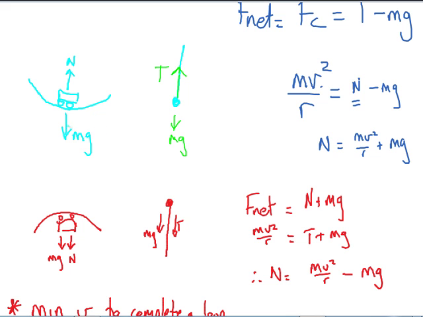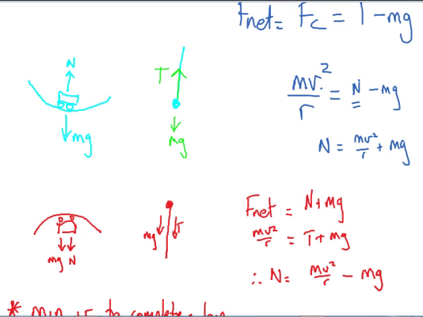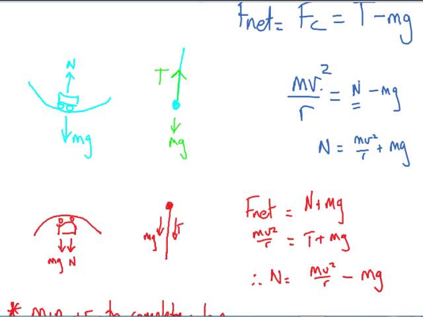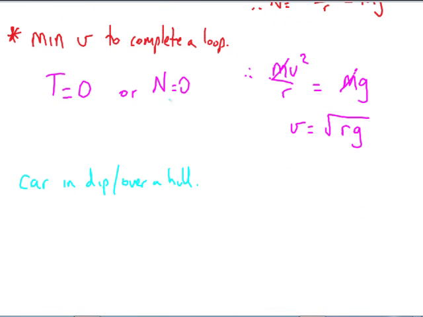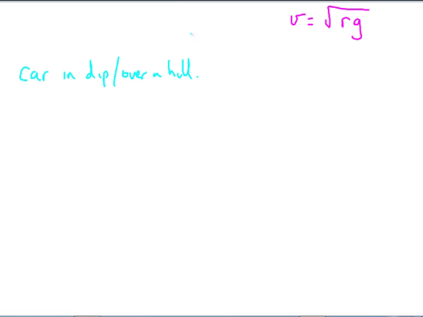So in all of the scenarios at the base, it's always the normal reaction force up, the weight force down, or the tension up and the weight force down. That's the same and identical for all three possibilities. So it's really only when we're going over the hill that there's a difference.